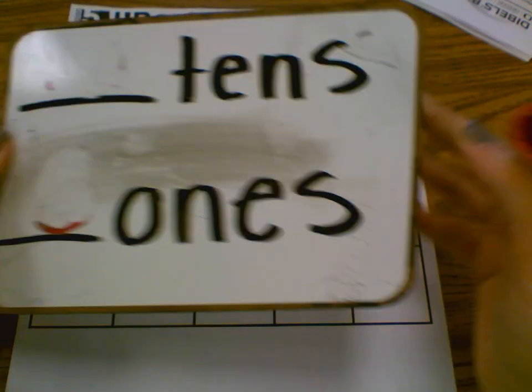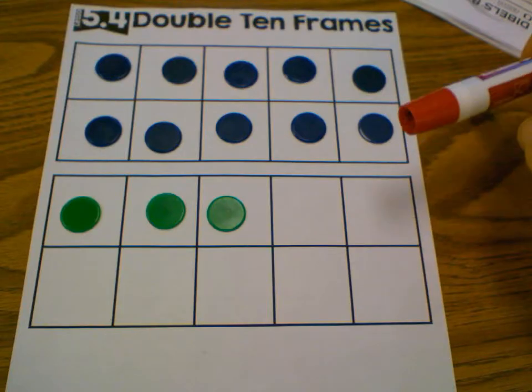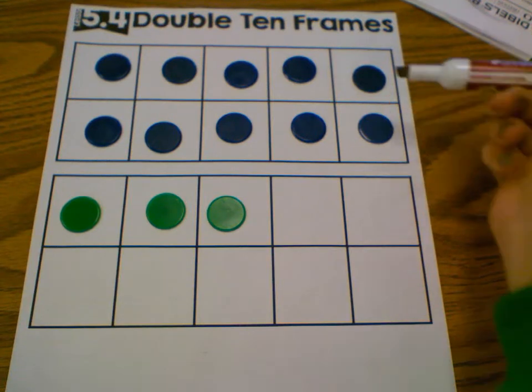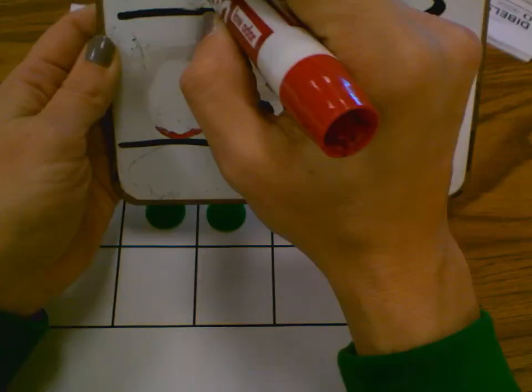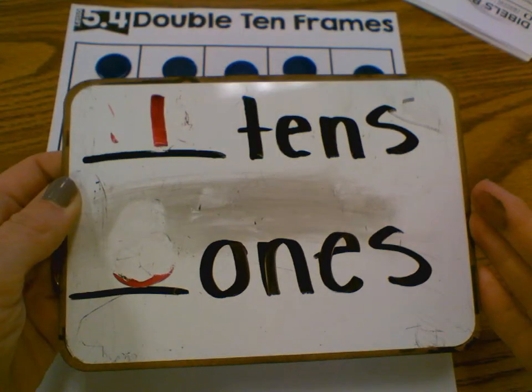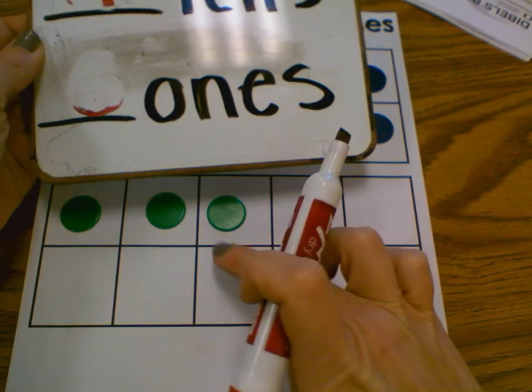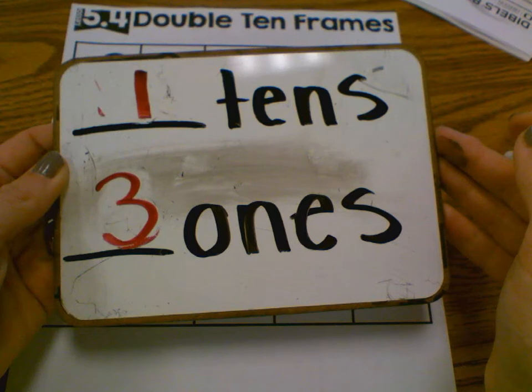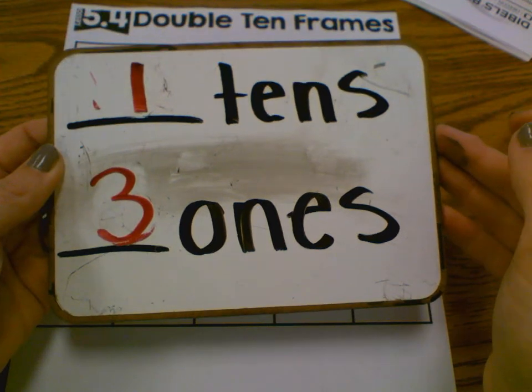I do not have 10 groups of 10, okay? I only have one group of 10, and 3 ones. Okay? And that is the number 13.